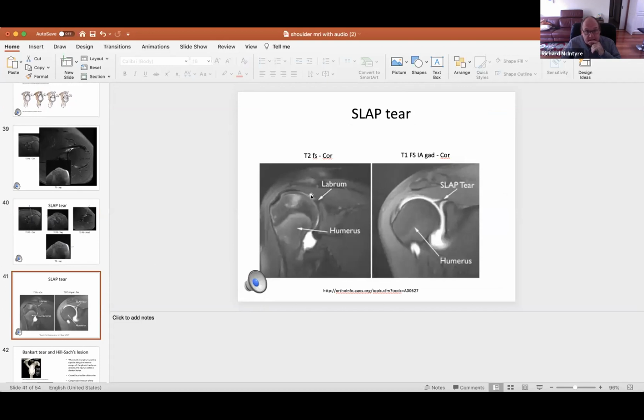So this is our SLAP tear with intra-articular contrast, and that's what I was talking about: the contrast going in and showing us that there's a discontinuity between the labrum and the glenoid cavity.